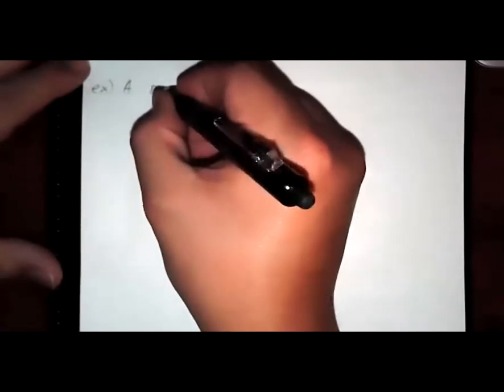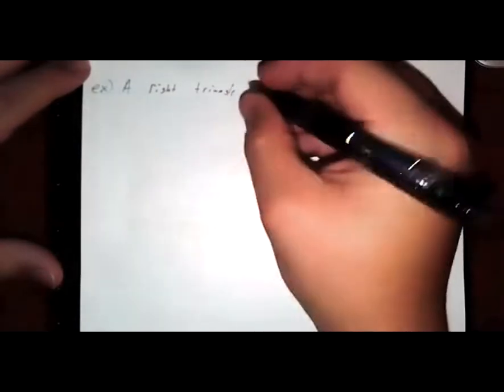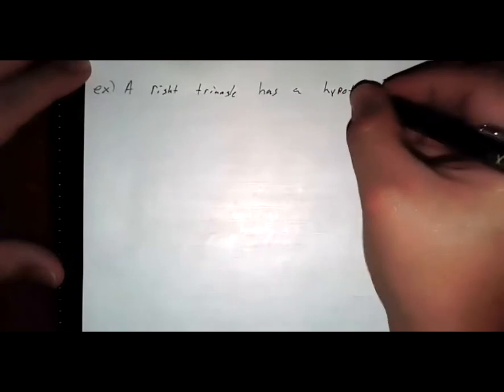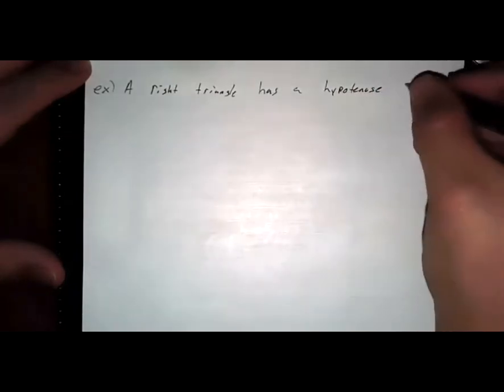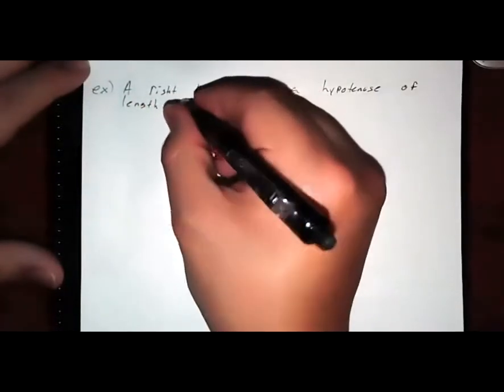So a right triangle has a hypotenuse of length 4 inches.